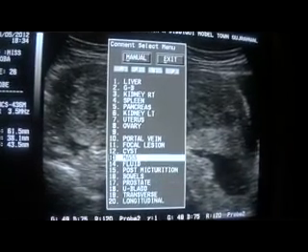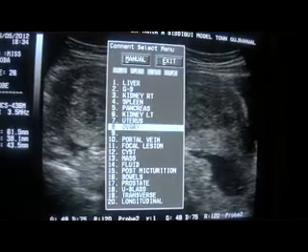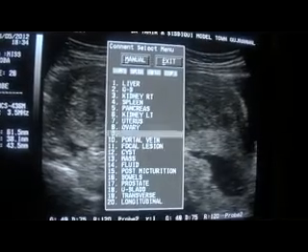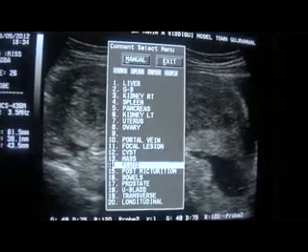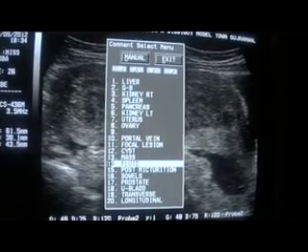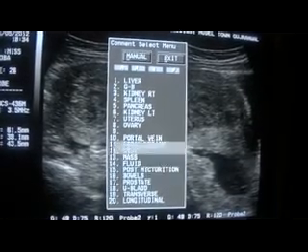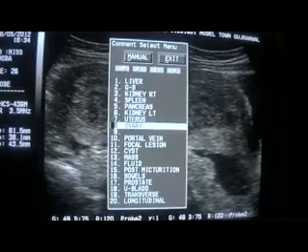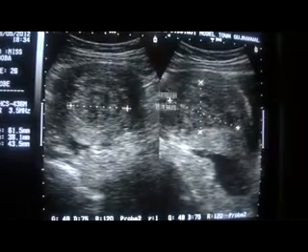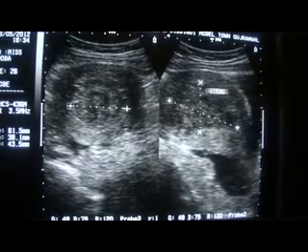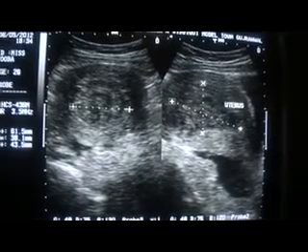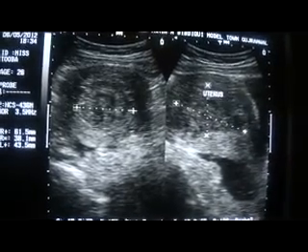So the main pathology relating to the uterus is in the endometrial canal, which is full of different strength internal echoes and is dilated significantly, with fluid in the pelvic cavity. This is fluid. This is all fluid with echoes.